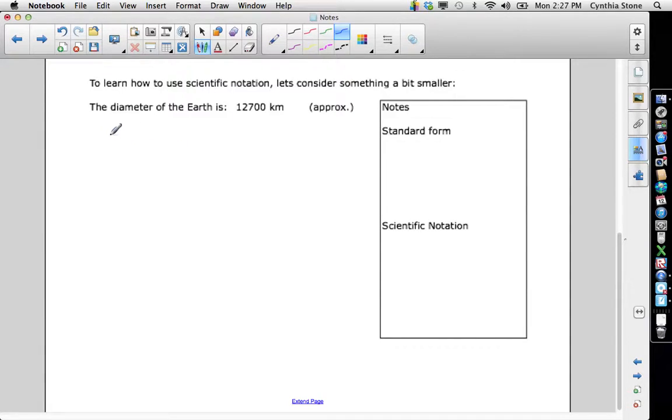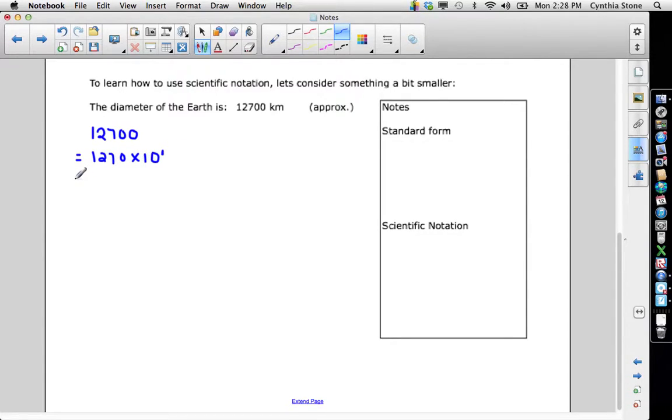The idea is essentially this: 12,700 is the same as 1,270 times 10. Those are the same number. Or I could even say times 10 to the 1, because 10 to the 1 is the same as 10. So you've got 1,270 times 10.